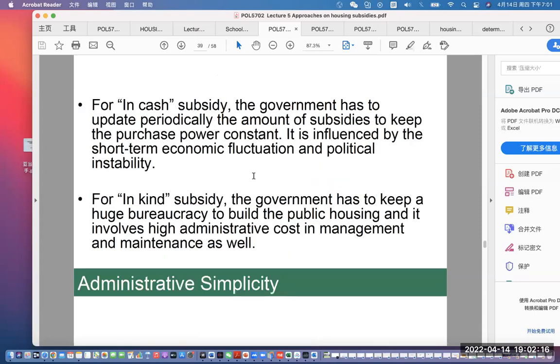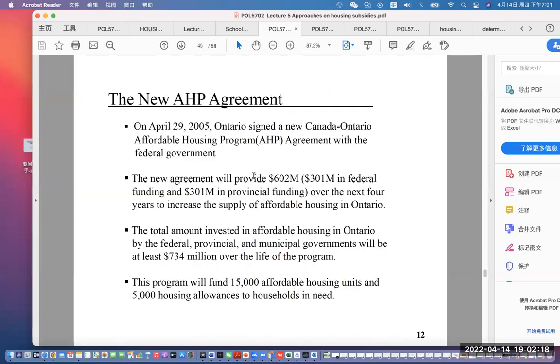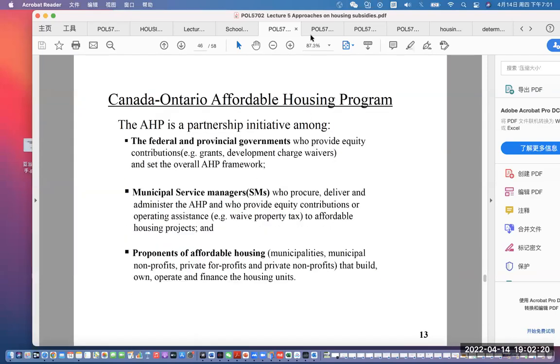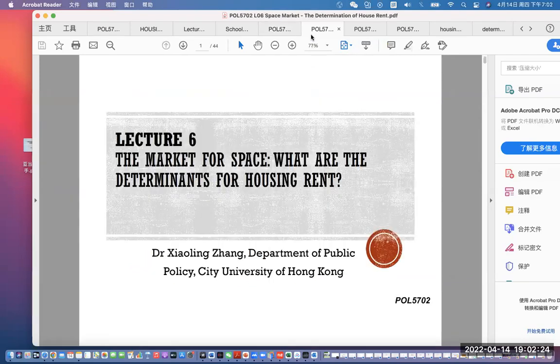This would be important for you to study further, and we have introduced the lecture notes, and see whether you get further time to look at them, okay? And then lecture 6. For this lecture, we actually have introduced the market for space, starting from the FDW model.